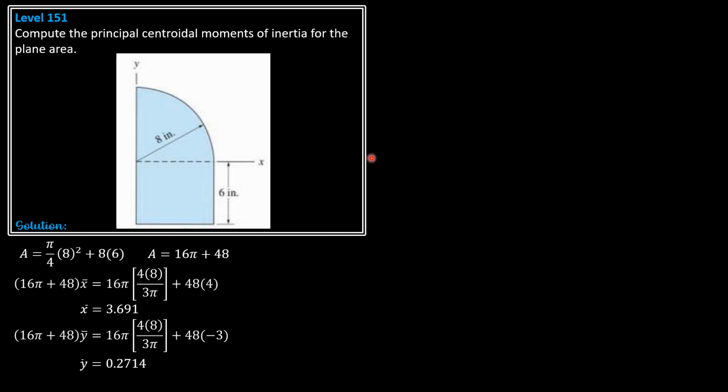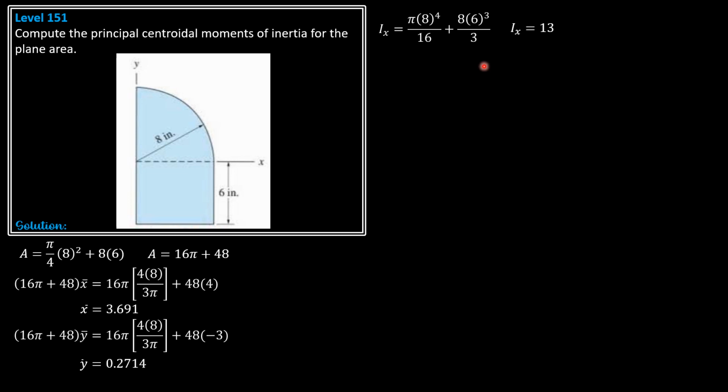Then moment of inertia with respect to the x-axis is moment of inertia of quarter circle plus moment of inertia of rectangle with respect to the base. So that is Ix equals pi 8 to the 4th over 16 plus 8 times 6 cube over 3 for the rectangle, because the x-axis is also the base of the rectangle.